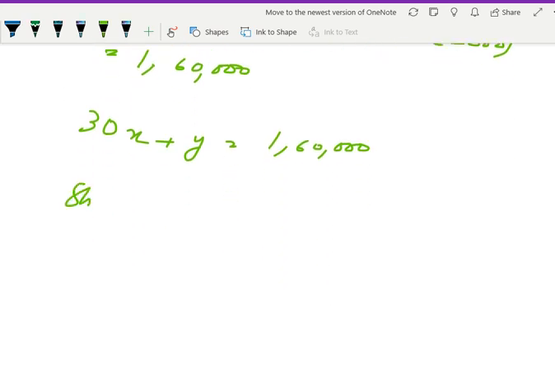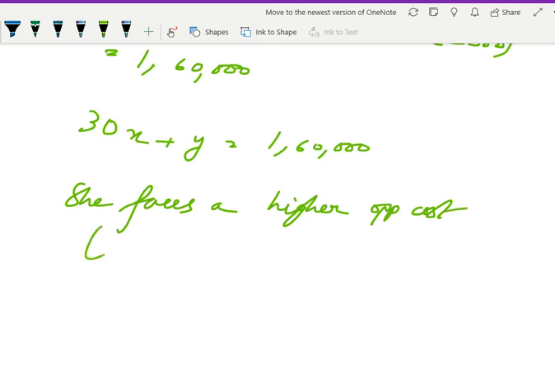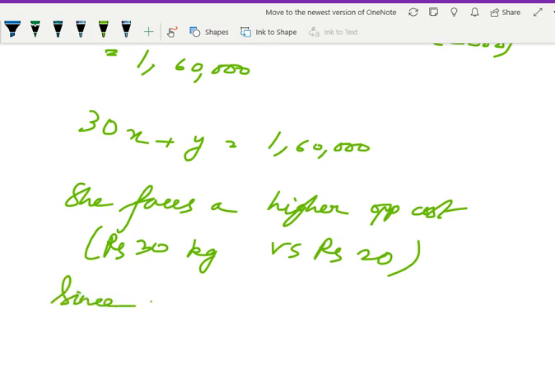She faces a higher opportunity cost of consuming rice now, rupees 30 per kg versus rupees 20 per kg before, since she could sell it at rupees 30. Since my preferences are convex, she will re-optimize.